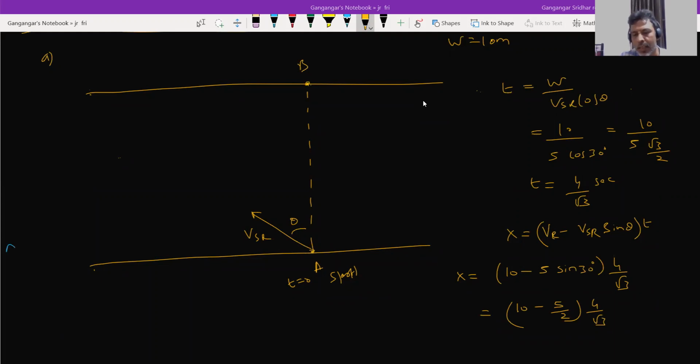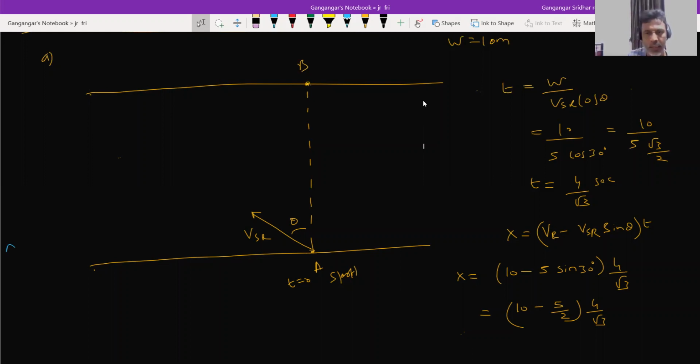Okay, x is equal to... Anybody, value of x? I will write it here; it will be easy for you to view also.